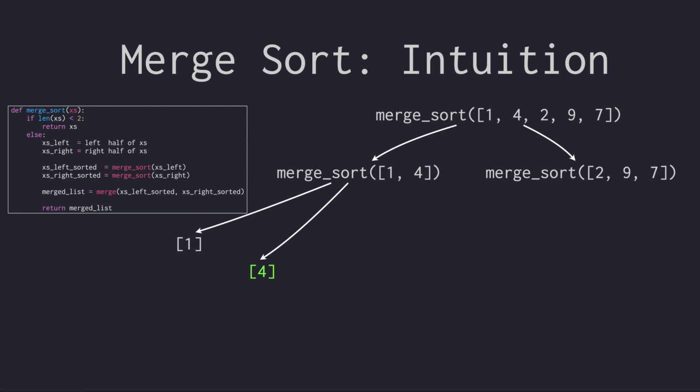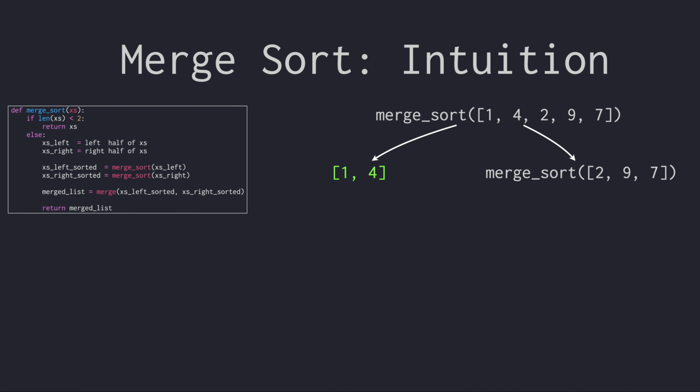Now we merge these two, because the list of 1 is the sorted left half of 1 and 4, and 4 is the sorted right half. In order to get the final answer to merge sort of 1, 4, we merge these two, and merging 1 and 4 gives us the list 1, 4.